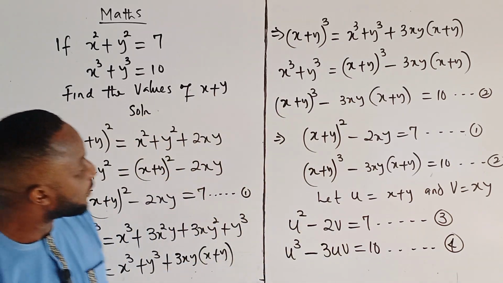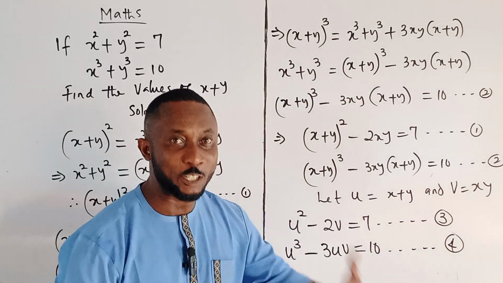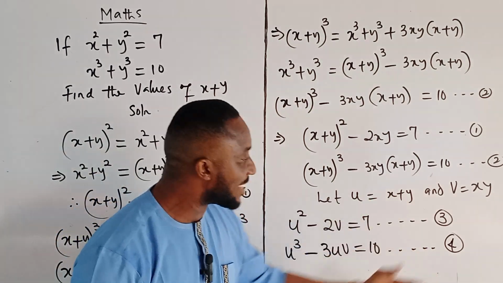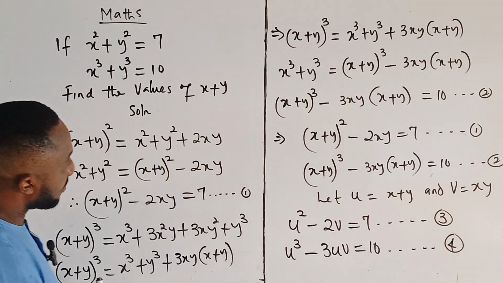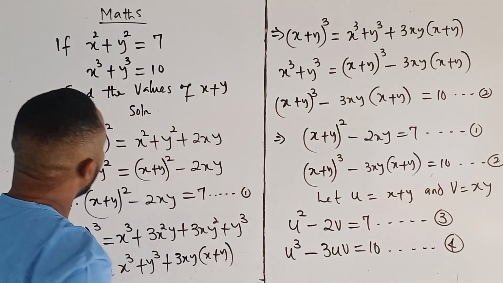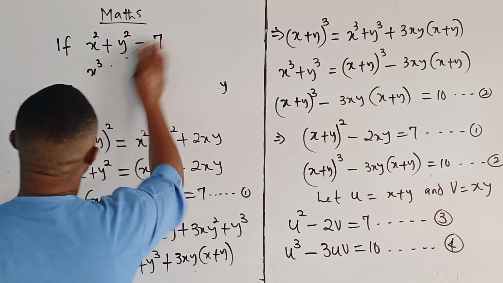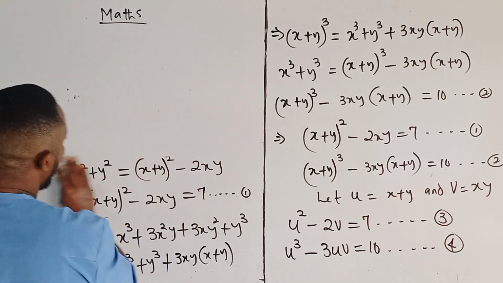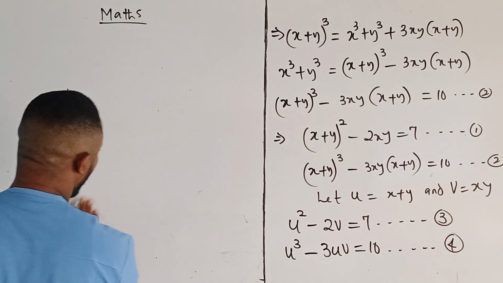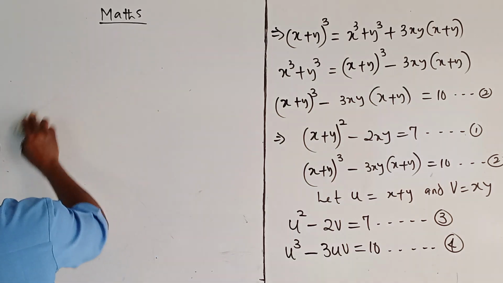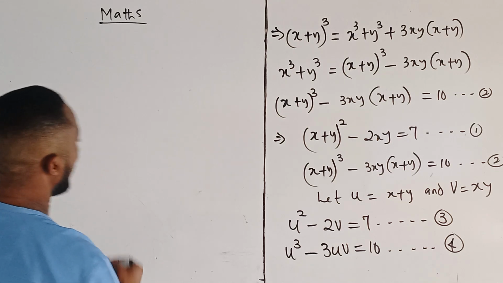So, solving equations 3 and 4 simultaneously is actually better and easier to comprehend. So what I'm going to do now is to use the substitution method. I will make v the subject in equation 3, then substitute it into equation 4.